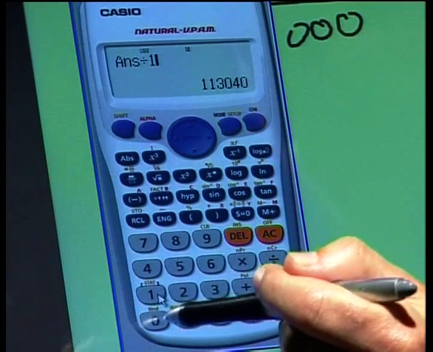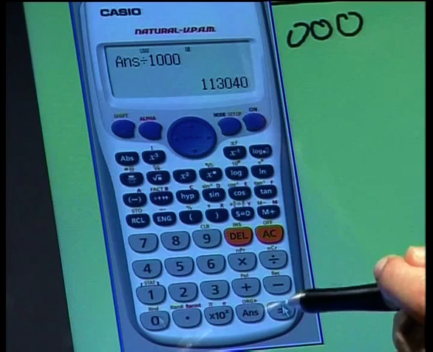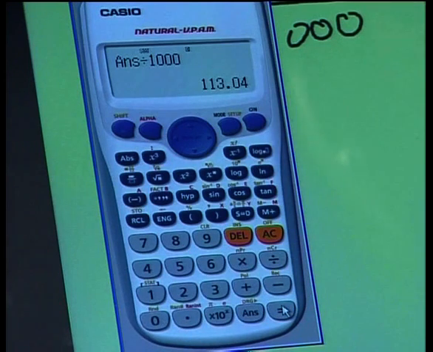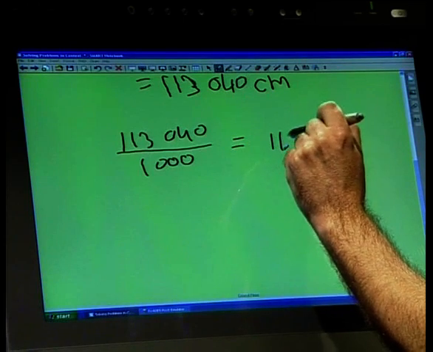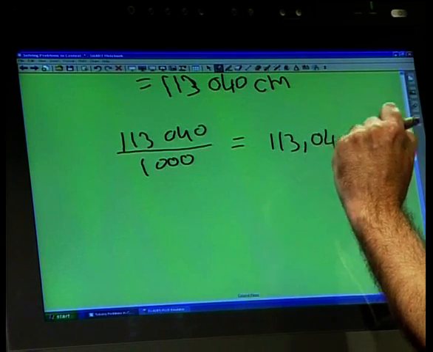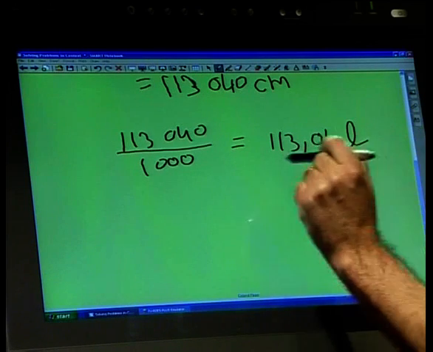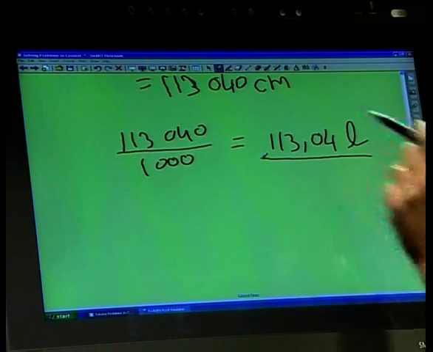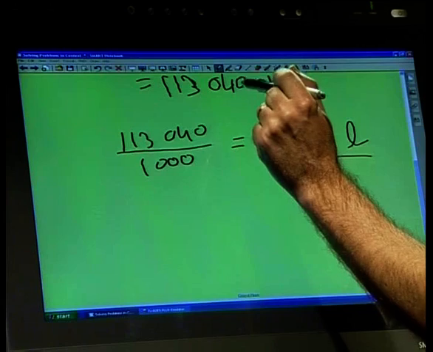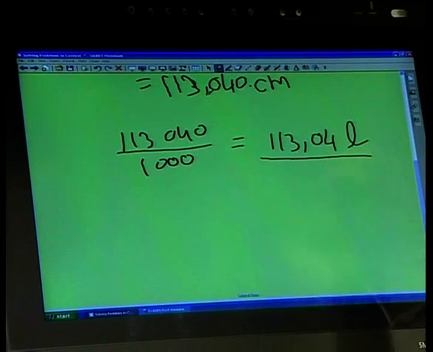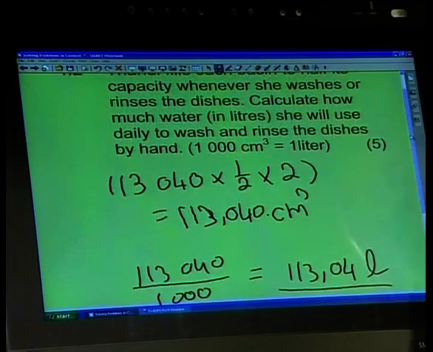Let's divide it by 1,000. It's 113.04. And of course, now the answer is converted to litres. You could simply have moved your decimal point 3 places, and you would have got the same answer. Great. So we've answered that part of the question.